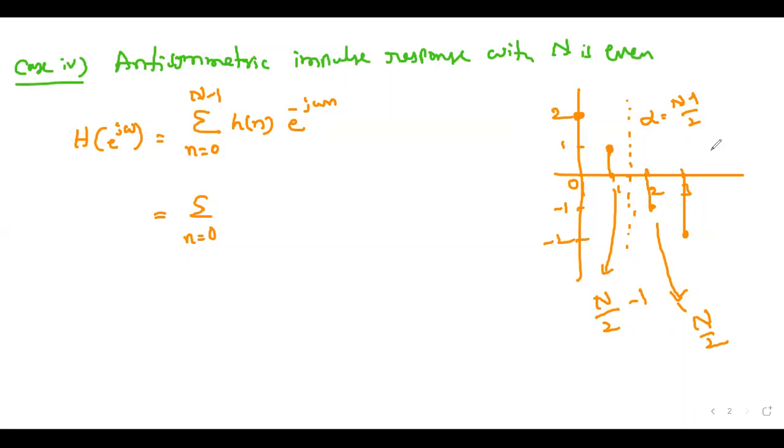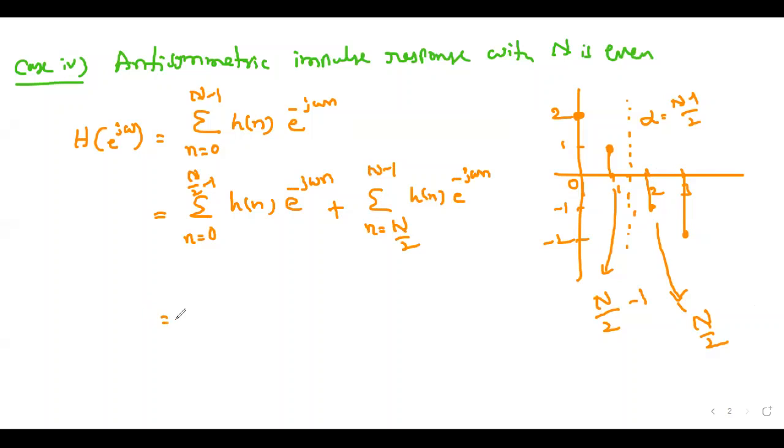So the summation limits can be changed: from 0 to N by 2 minus 1 for the first half of the samples of h of n, and the second summation n from N by 2 to N minus 1, h of n e power minus j omega n.